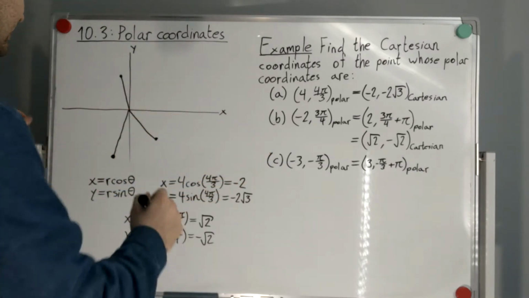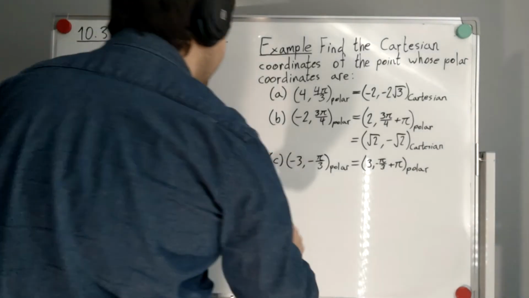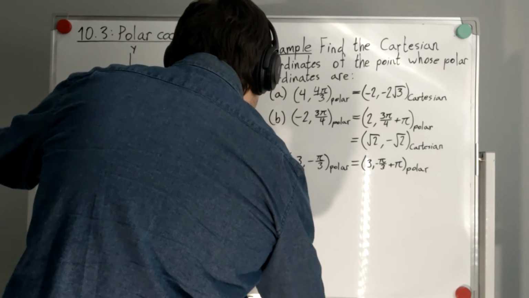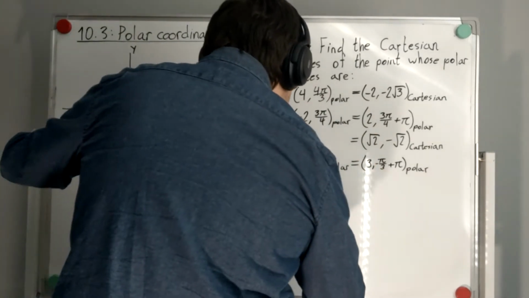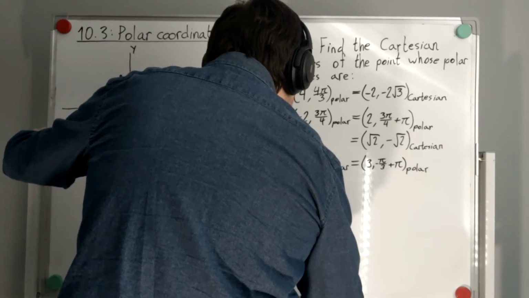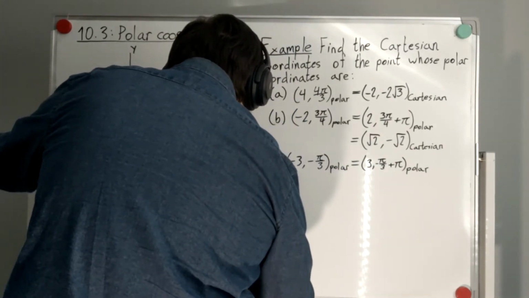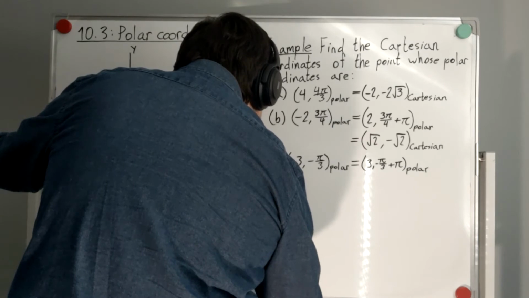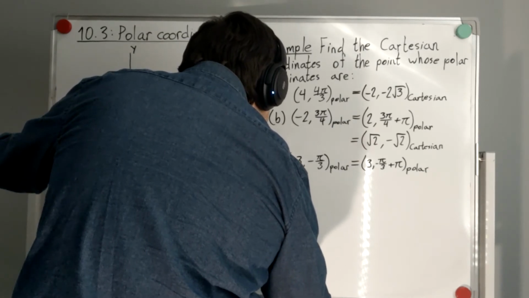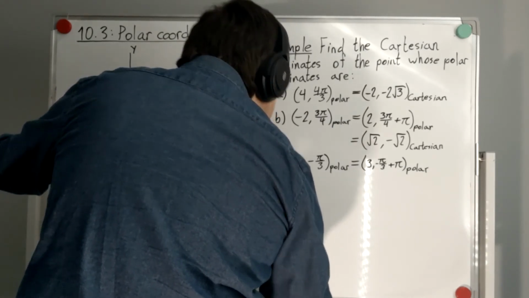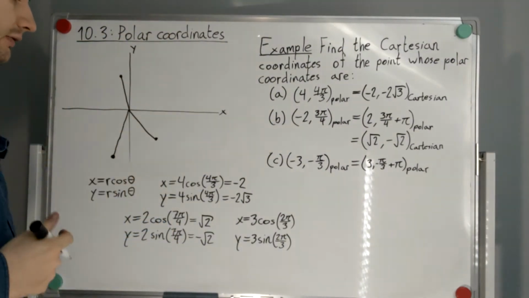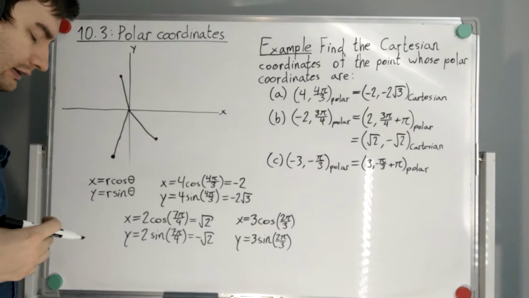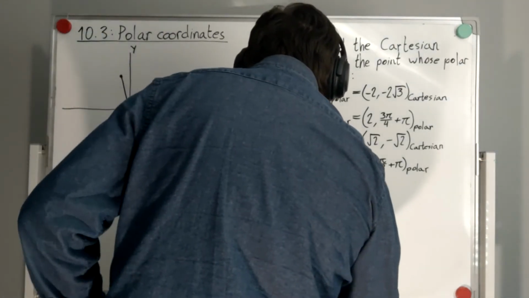again, we can say in order to find the x and y coordinates, x is just going to be 3 times the cosine of 2 pi over 3. Y is going to be 3 times the sine of 2 pi over 3. Okay. Cosine of 2 pi over 3, that's negative 1/2, so this is negative 3/2.